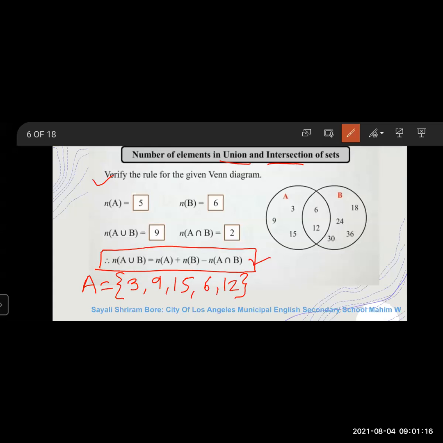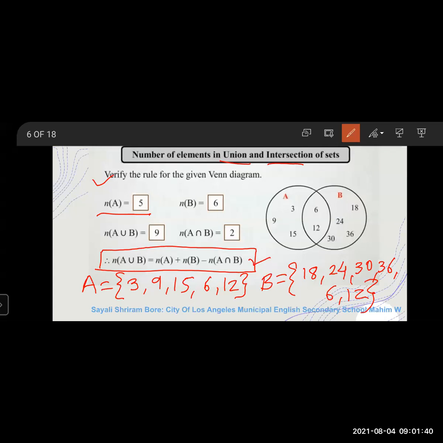These are the elements in set A. Then B is equal to, which are the elements? 18, 24, 30, 36, 6 and 12.